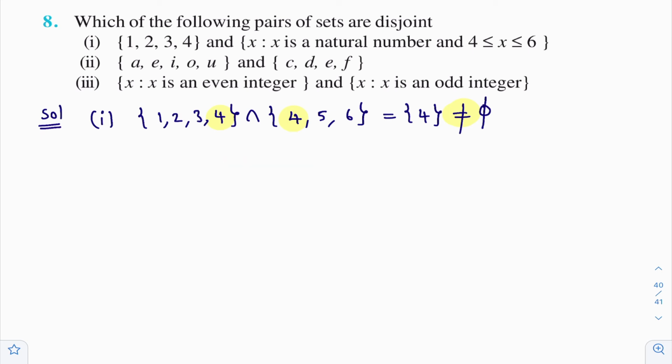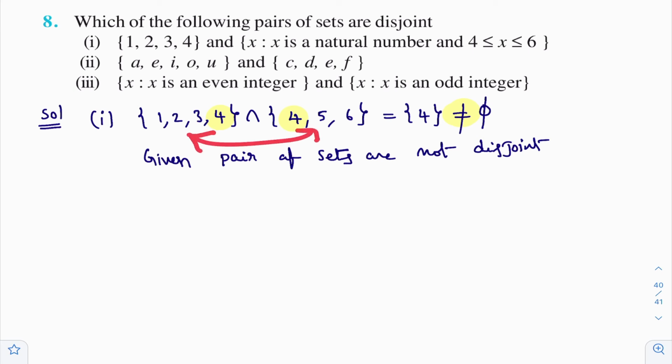So here I'll write, the given pair of sets are not disjoint. If we got an empty set, then we say that they are disjoint. Here we got a non-empty set, which means they are not disjoint.